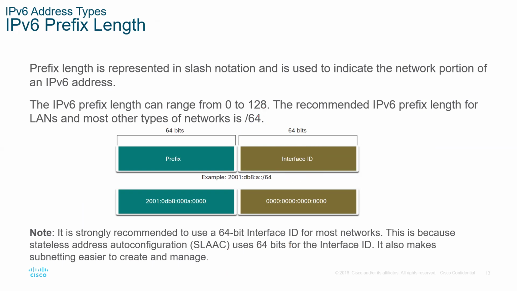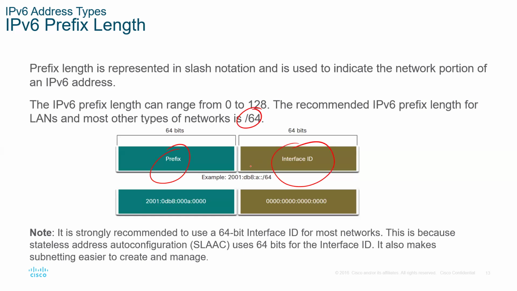What to get out of this is we have the prefix length. The prefix length is used to separate the network portion and the host portion. In IPv6, the network portion is called the prefix, and the host portion is called the interface ID.